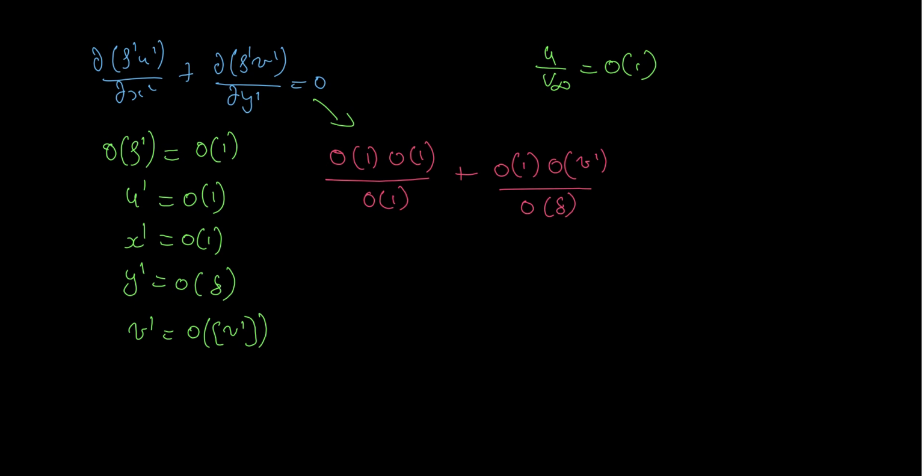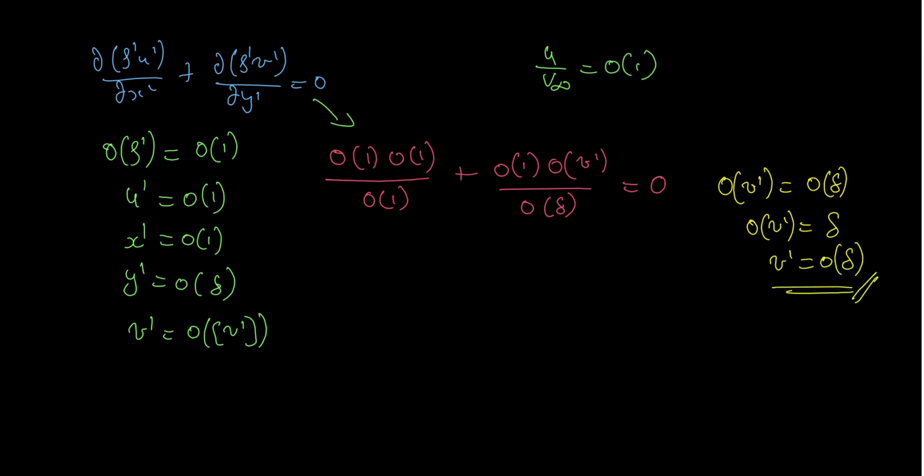This is 0 from the continuity equation. Now, to satisfy the order of magnitude equation, we need to have the order of v prime to also be the order of delta. That means v prime is nothing but of order delta. So this is one result that we have got.